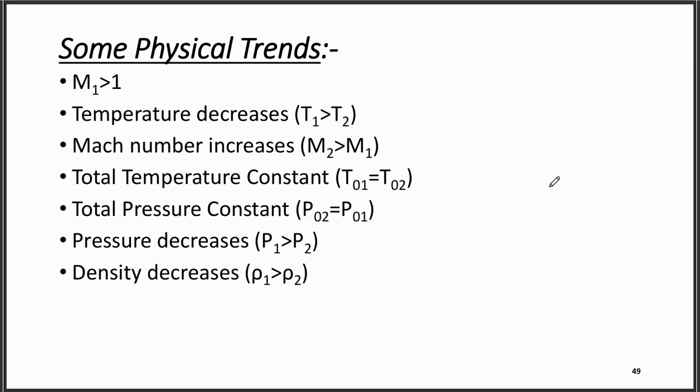So what are the physical trends which we know in a Prandtl-Meyer wave? The initial Mach number, the upstream Mach number, is always greater than 1, and temperature, pressure and density decrease across the Prandtl-Meyer wave, but Mach number increases. And as the flow is isentropic, total temperature and total pressure remain constant.